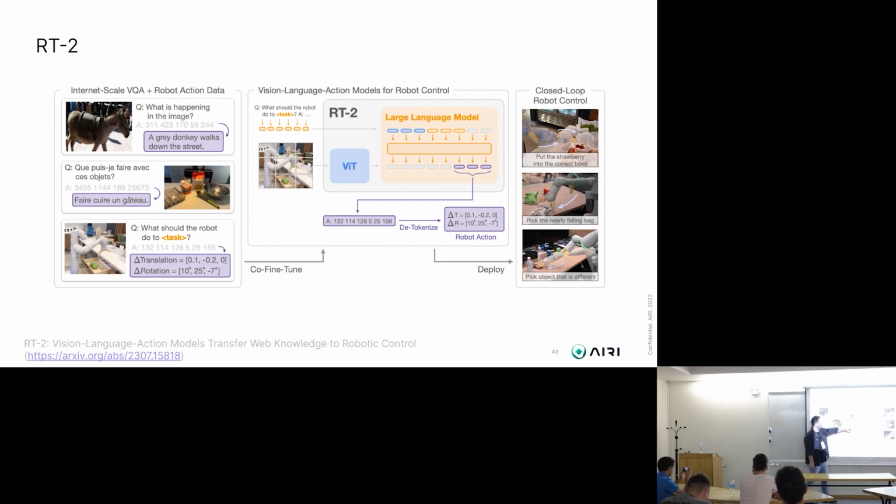But here, they predict not the high-level actions, but exactly the low-level actions which could be applied on a robot. I think this is very interesting work, and they show interesting results. But there is actually a problem with comparing results in robotics.